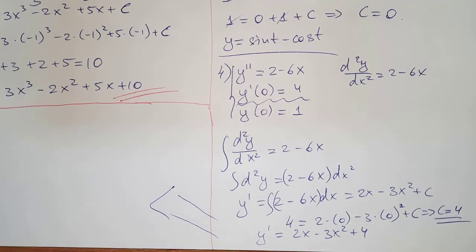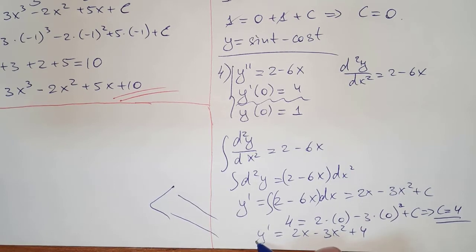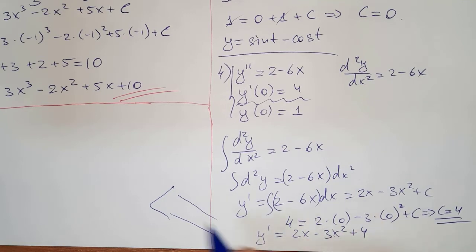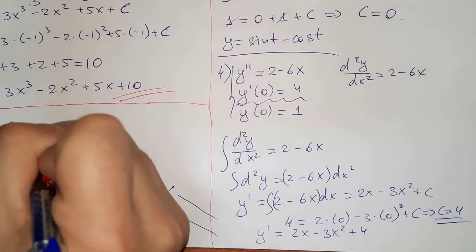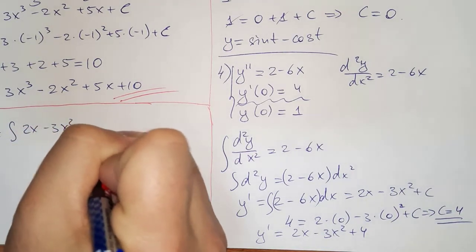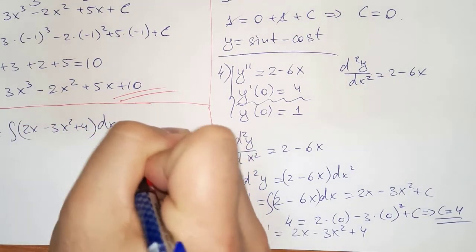And now let me continue here. After the second integration, we need to integrate one more time, so y equals the integral of 2x minus 3x squared plus 4 dx.